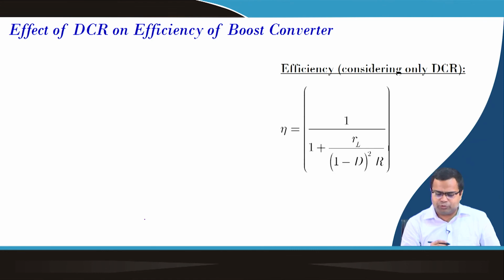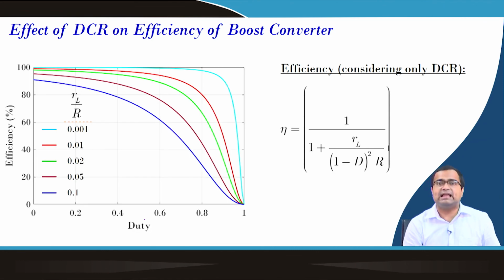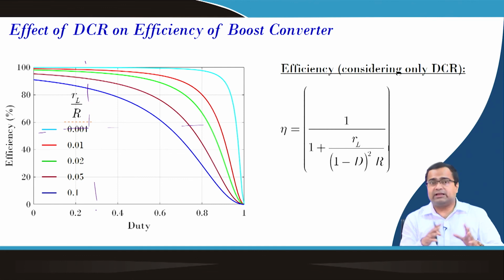So, the efficiency of the boost converter also will get significantly affected with this parasitic drop, and if you tend to achieve higher gain, you will lose the efficiency like anything, because we want to achieve efficiency of more than 90%, which is achievable for a lower duty ratio operation. So, you have to be very careful about the selection of the voltage gain, and there are multiple research papers which actually propose to increase the voltage gain with higher efficiency, which the ordinary boost converter cannot achieve.